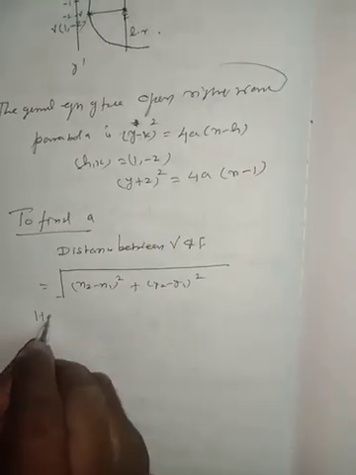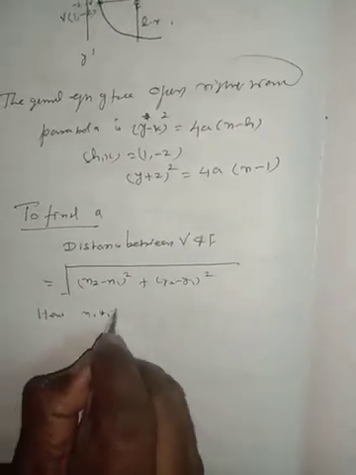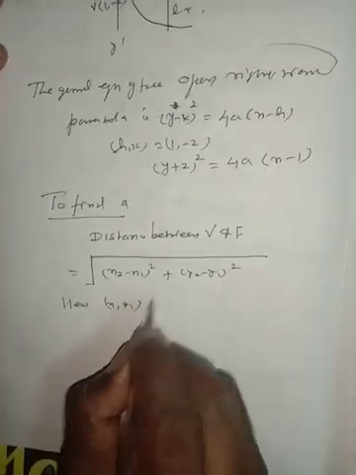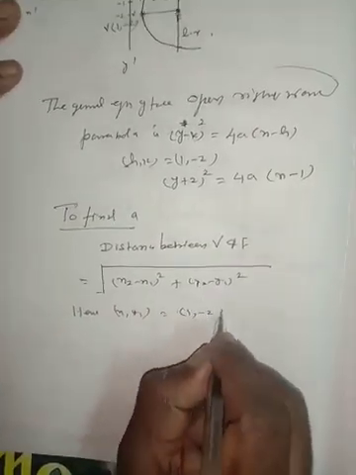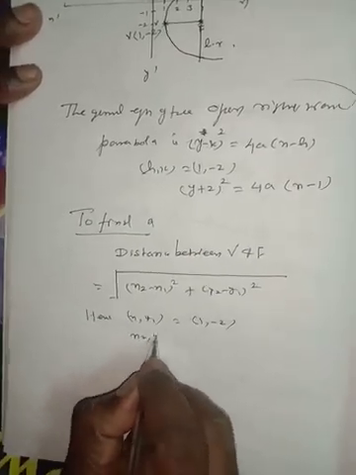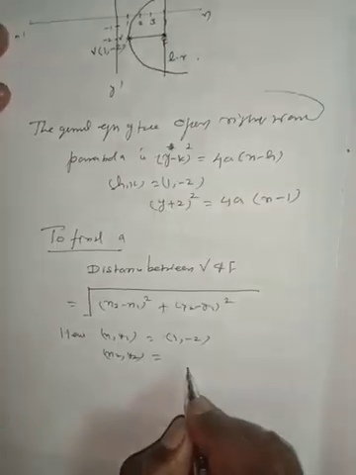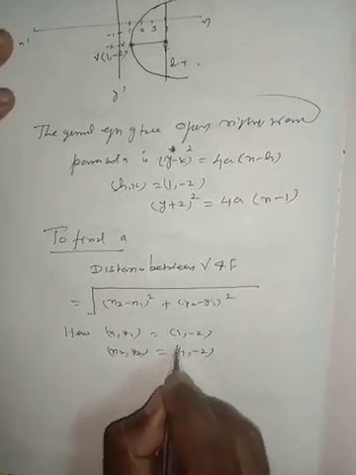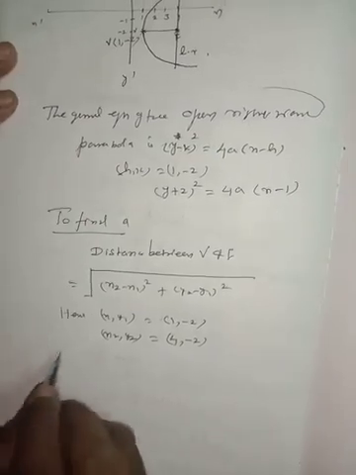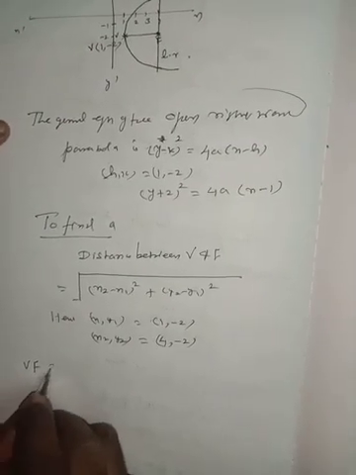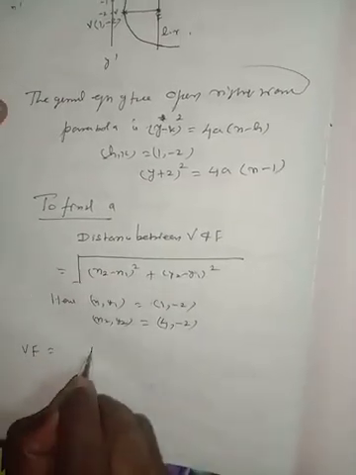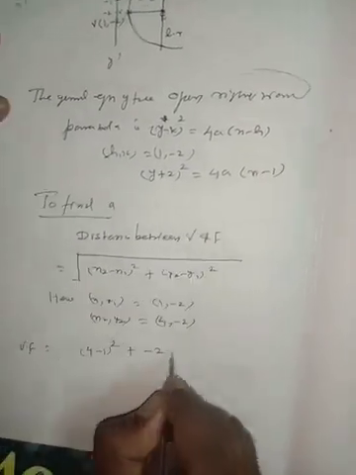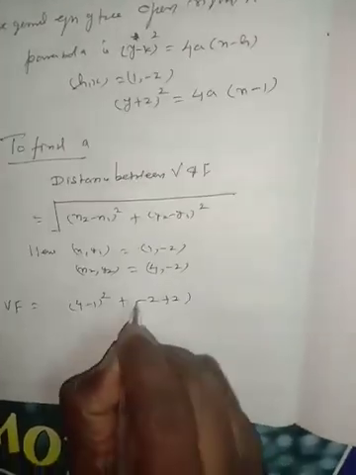Here x1 comma y1 is the vertex point 1 comma minus 2. Next x2 comma y2 is the focus point 4 comma minus 2. So VF is equal to square root of (4 minus 1) whole square plus (minus 2 plus 2) whole square.